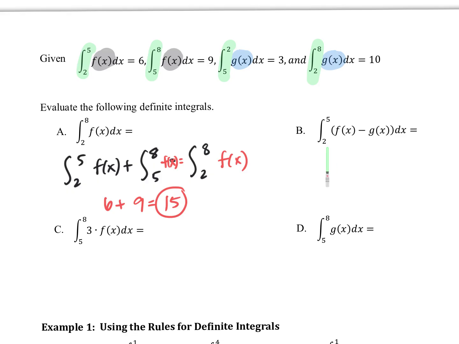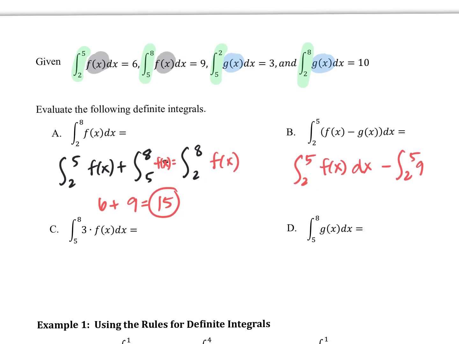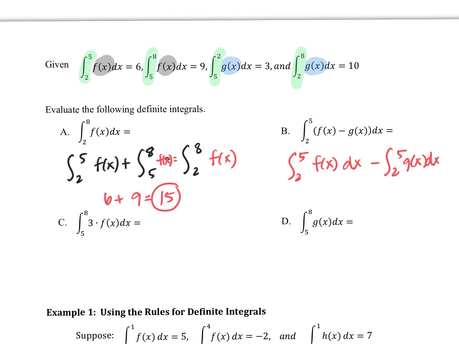Let's go take a peek then at F minus G from 2 to 5. What that means on this one is that from 2 to 5 of F, we can find just that one, then minus from 2 to 5 of G. That's all that's saying, that we can just do them separately. So do we know what 2 to 5 of F is? Yeah, that's 6.